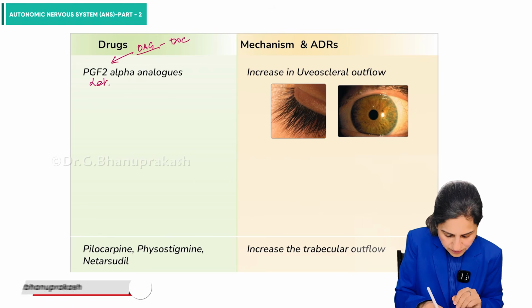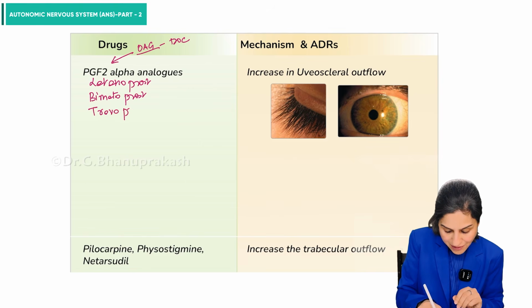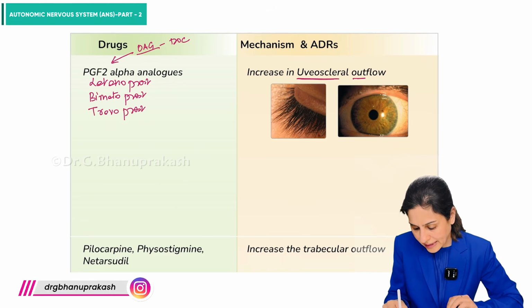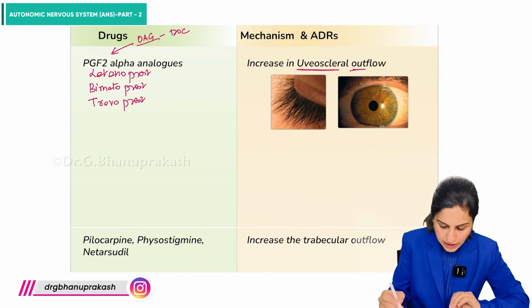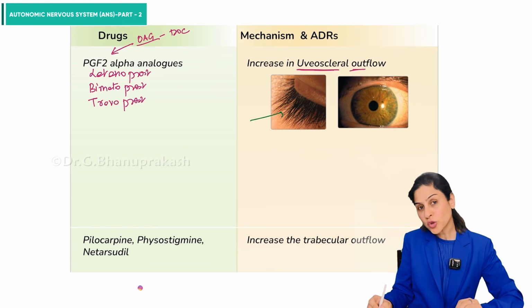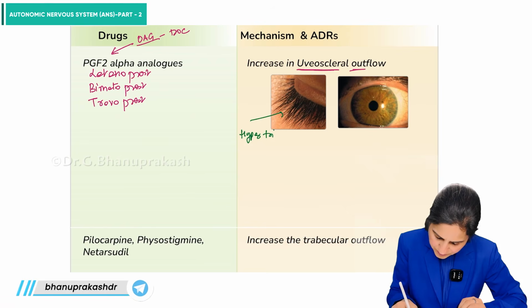So we have latanoprost, bimatoprost, then we have travoprost. What they do is increase the uveoscleral outflow. The important adverse effects we need to remember are increased growth of the eyelashes, which we call hypertrichosis.